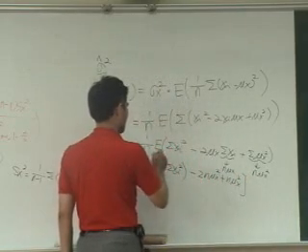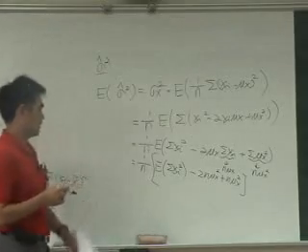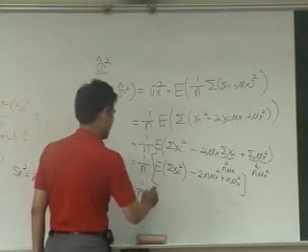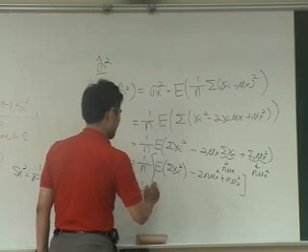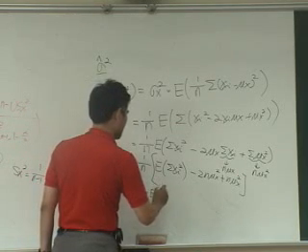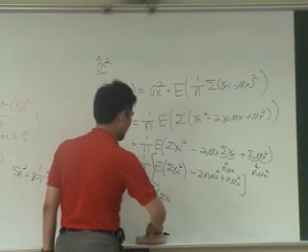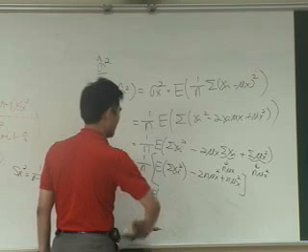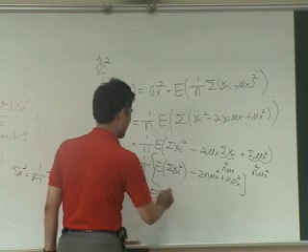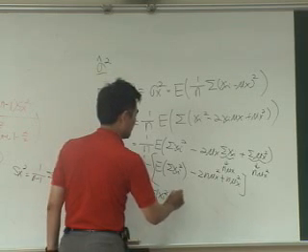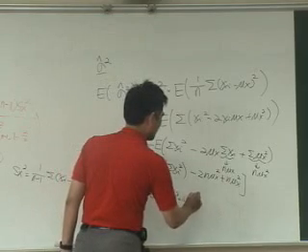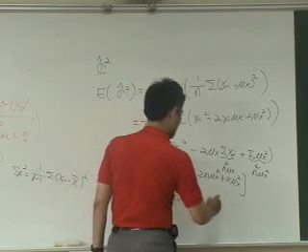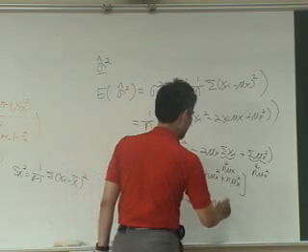So then what you have is 1 over n expectation of summation xi squared. And what is this? This is actually x1 squared plus x2 squared plus up to xn squared, minus n mu x squared.